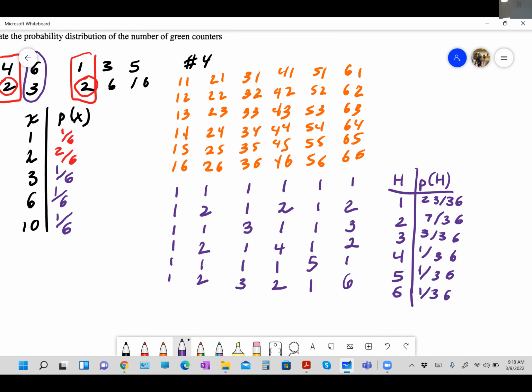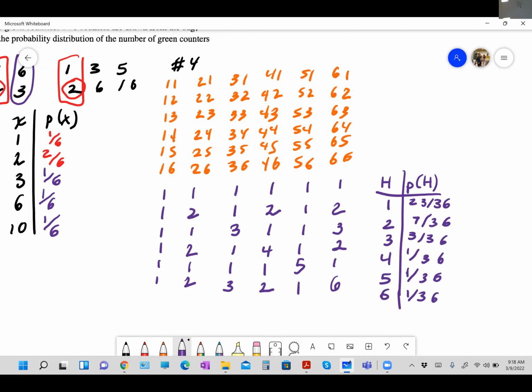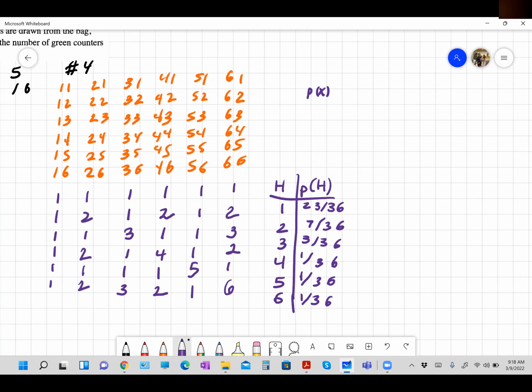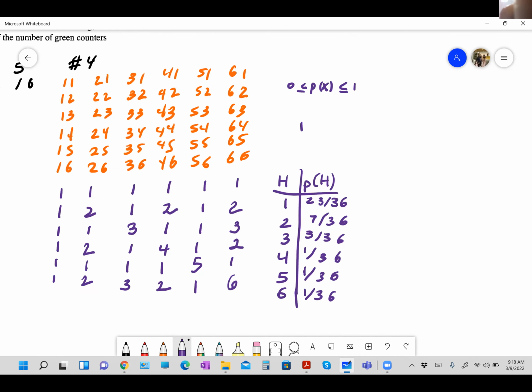And by the way, we always check what we are thinking when we do this probability distribution: that the probabilities have to be between 0 and 1, and the sum of the probabilities has to equal what? 36 out of 36. 23 plus 7 is 30, plus 3 more is 33, plus 1 plus 2, 36 out of 36, we're good. Now, some of you might want to reduce whatever you can reduce there, but do we get it?